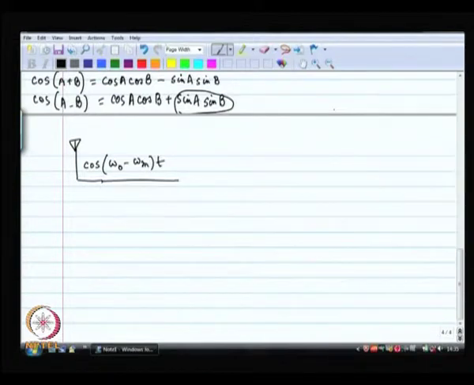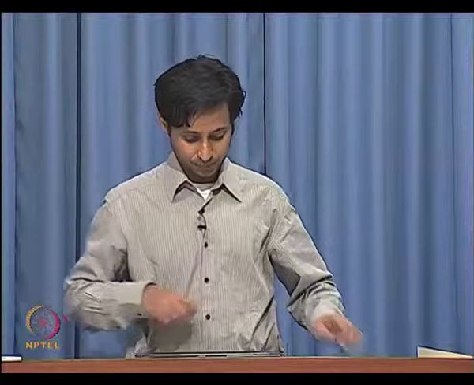This is what I am receiving from the antenna, and then there is an LNA, low noise amplifier, etc. And now I want to figure out cosine omega m t and sine omega m t as well, maybe, that is my message. How do you propose to do this? I have to do exactly the same thing.